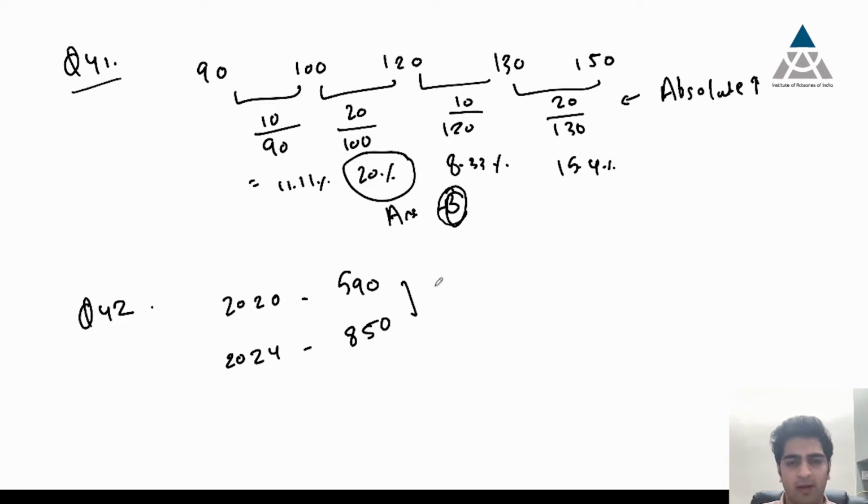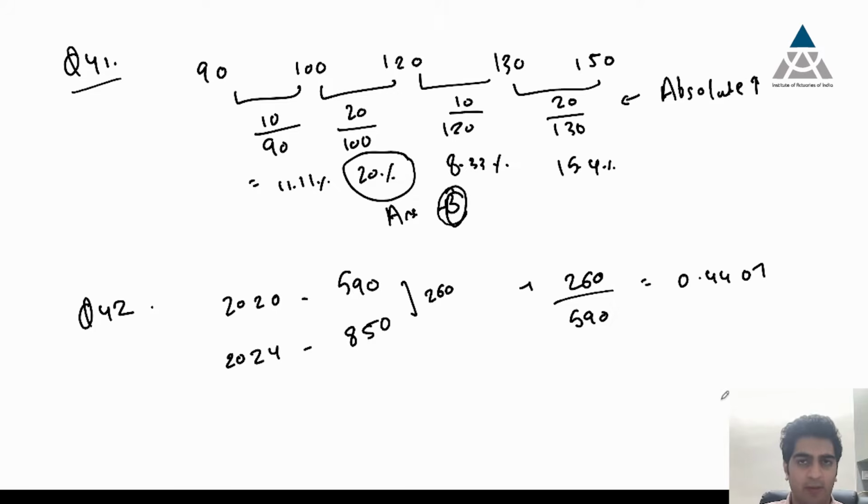So 850 minus 590, you had a growth of 260. 260 over 590, that's the growth percentage, and we can just calculate 260 over 590, that's 0.4407, so almost 44%.